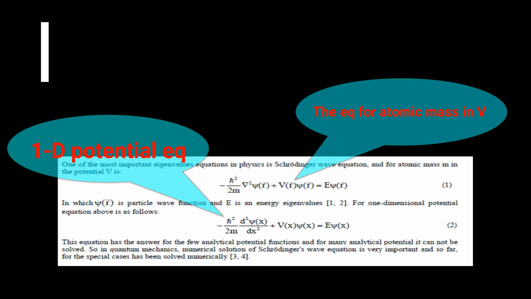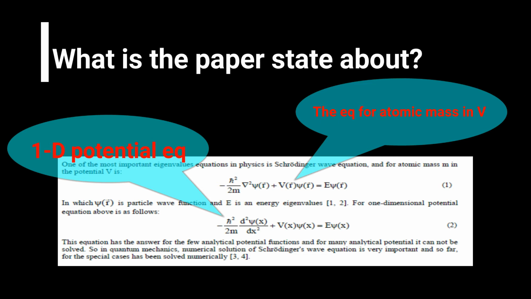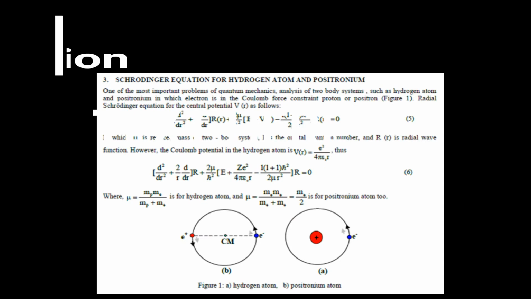So this paper is to find the hydrogen and positronium atoms from the Schrödinger equation, where this is the equation for atomic mass and potential voltage, and this is the equation for the one-dimensional potential. This is the equation for the hydrogen and positronium. A is for the hydrogen atom and B is for the positronium atom.